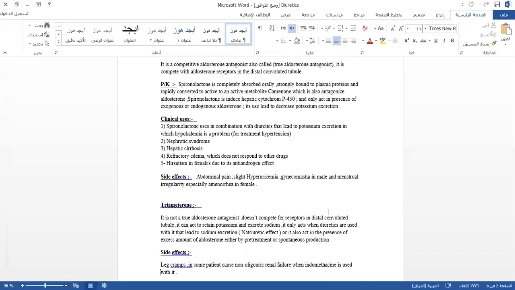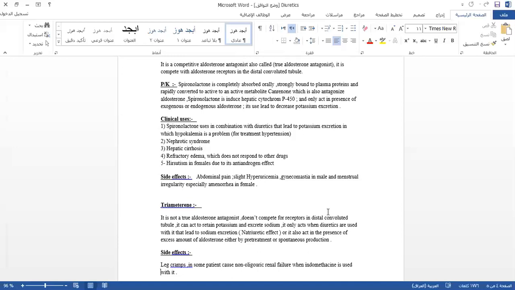It acts to retain potassium and excrete sodium, similar to the action of the low efficacy spironolactone, but it does not compete with aldosterone. It only acts when diuretics that lead to sodium excretion, a natriuretic effect, are used with it, or in the presence of an excess amount of aldosterone, either by pretreatment or spontaneous production.